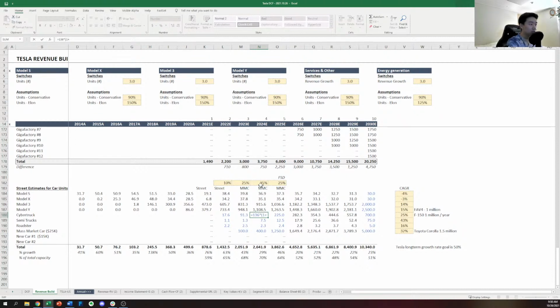I'm going to assume that the street is relatively accurate for the first few years of projections because they spend a lot of time on their models. But I am going to assume that their later years are more conservative. Let's do something like that. Mass market car 100, 400, 1,250. Okay.